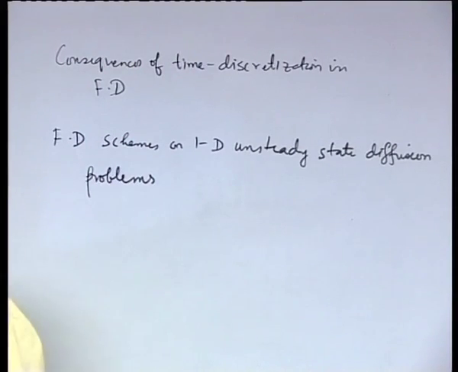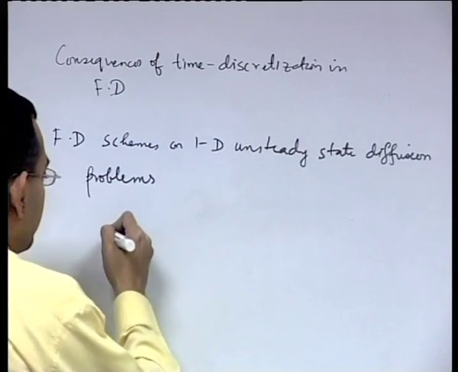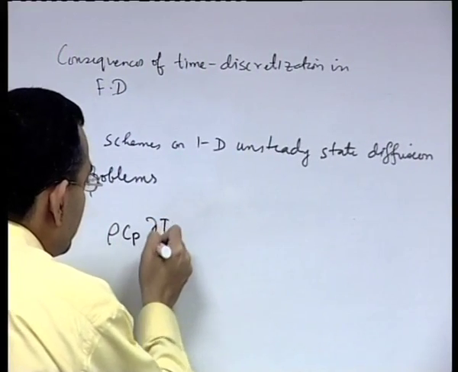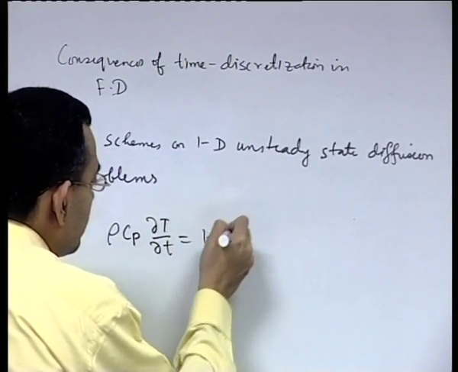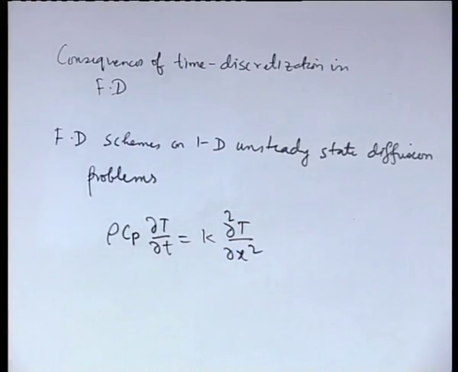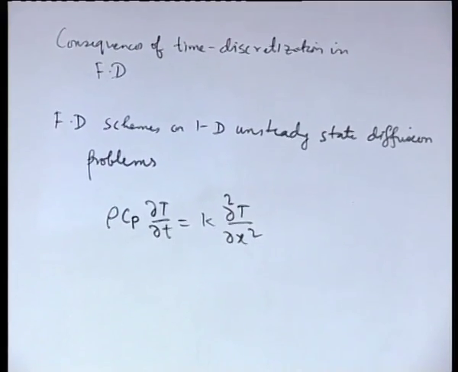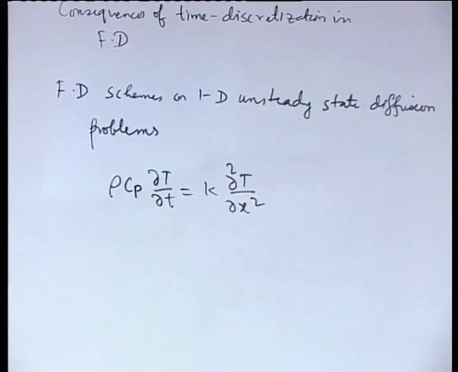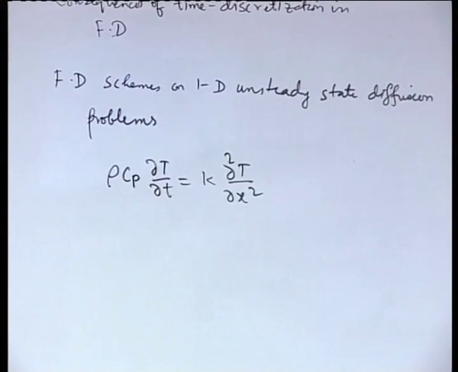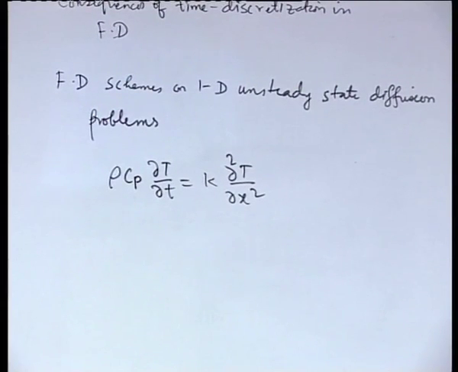So, the governing equation is this one, where we have assumed constant thermophysical properties, that is, density, specific heat and thermal conductivity are all constants.